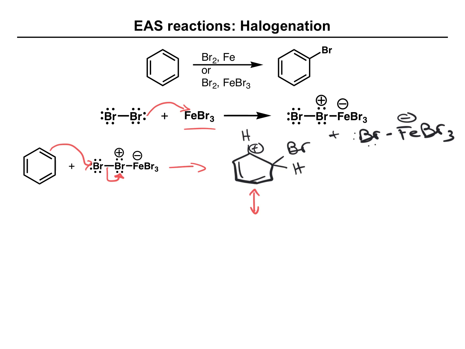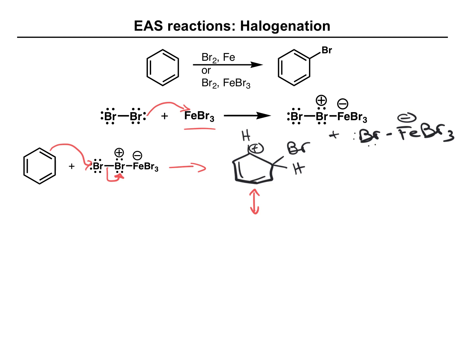Now keep in mind, when you have something with a positive charge, when you are trying to draw another resonance contributor, think about moving the electrons toward the positive charge. But also keep in mind that you want to think of this as a hinge, so that this double bond is going to move from here over here, where these electrons are still associated with this carbon.